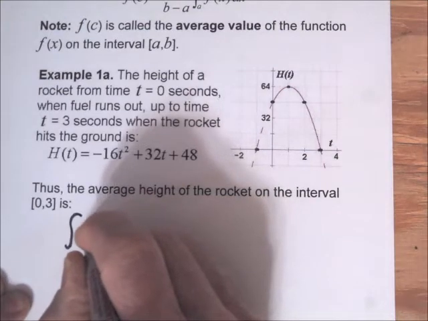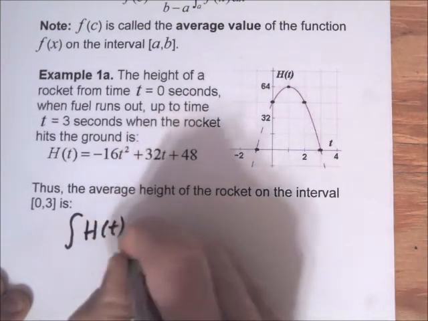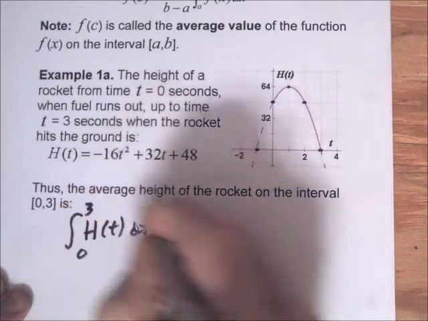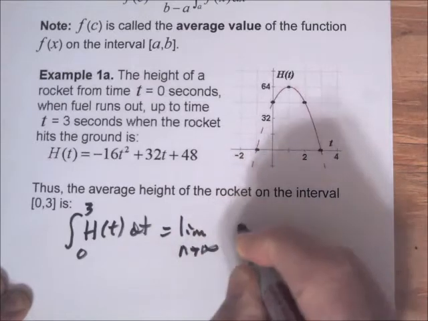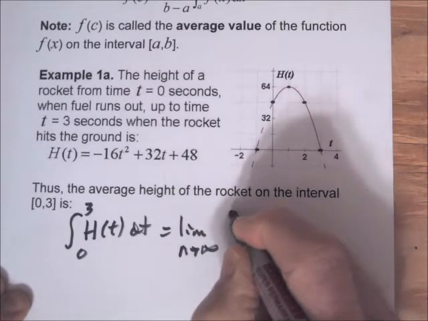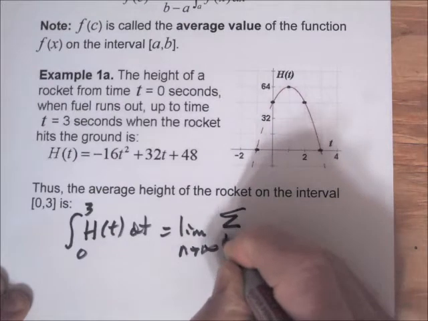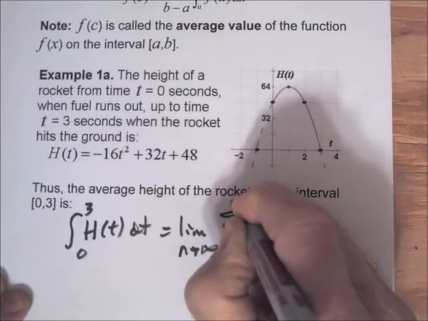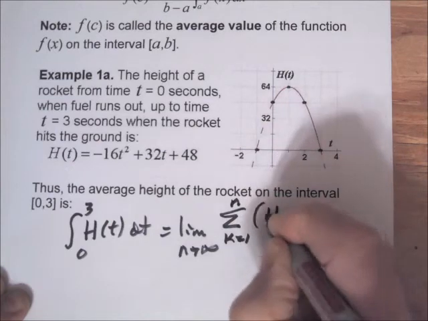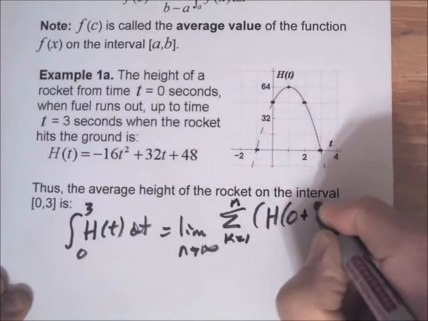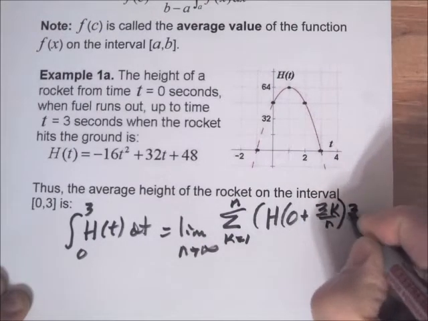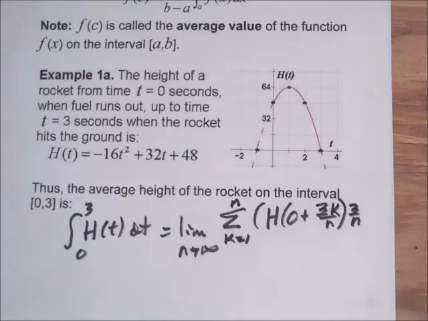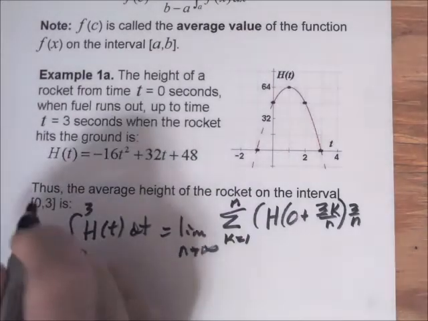So we want the integral of h of t dt over the interval from 0 to 3, and that's going to be the limit as n goes to infinity of the summation from k equals 1 to n of h of 0 plus 3k over n, times 3 over n. That's by the definition of the integral.